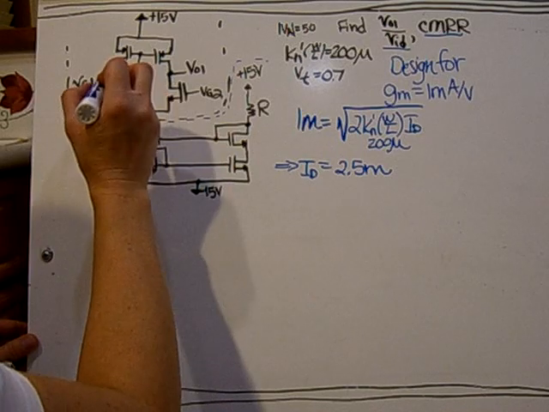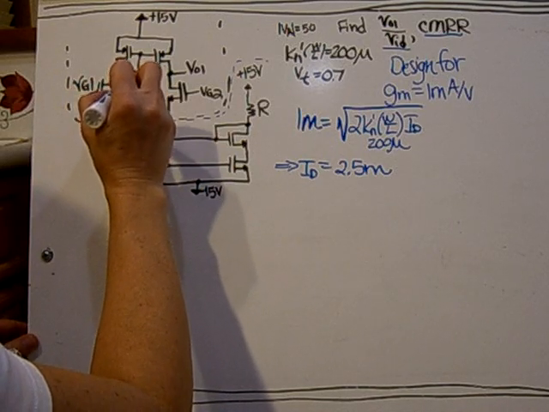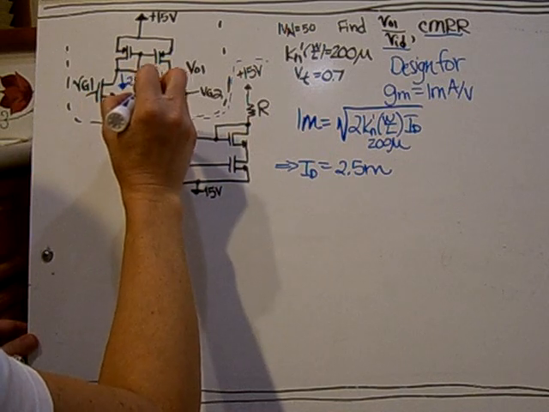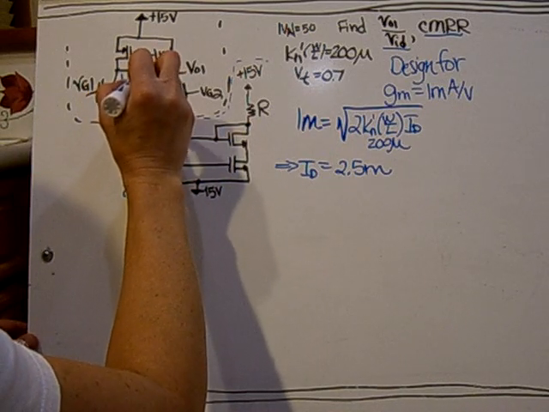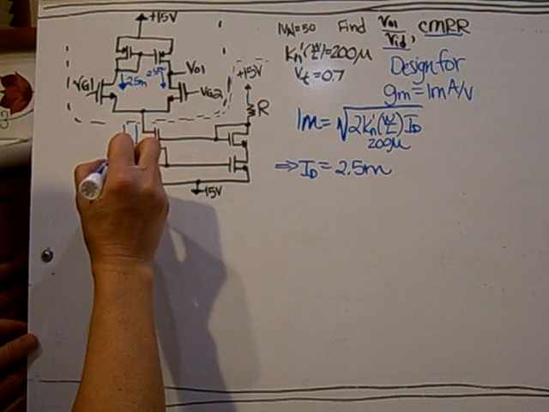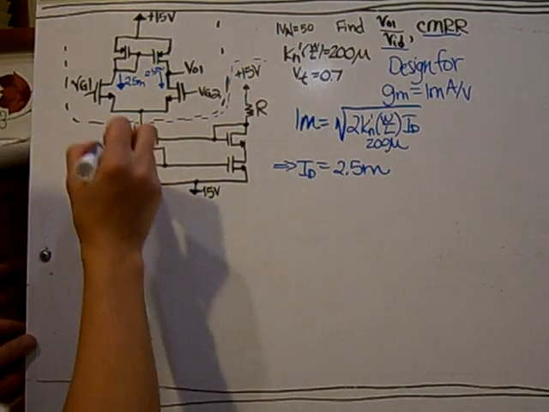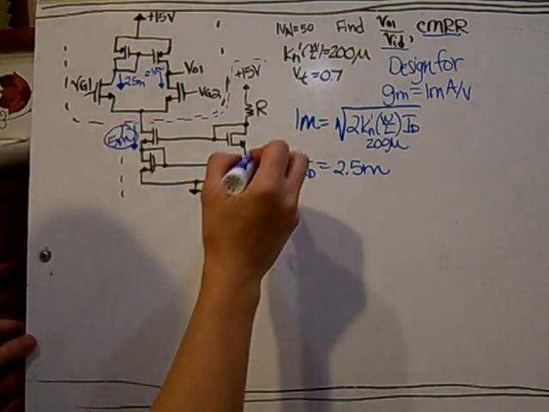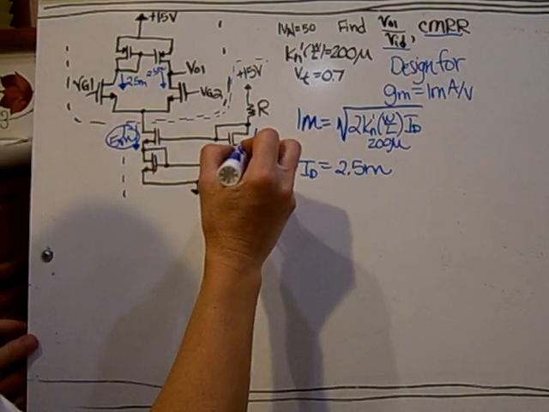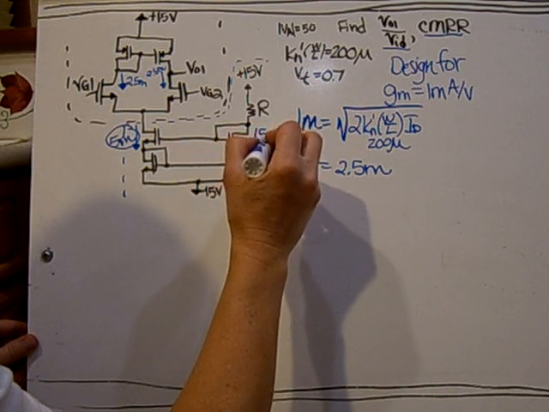Again, remember that this is the current flowing up here. So the current going through the current source down here needs to be 5 milli, a summation of both of those. The way the MOSFETs work, with the same VGS, this will be exactly the same 5 milli.